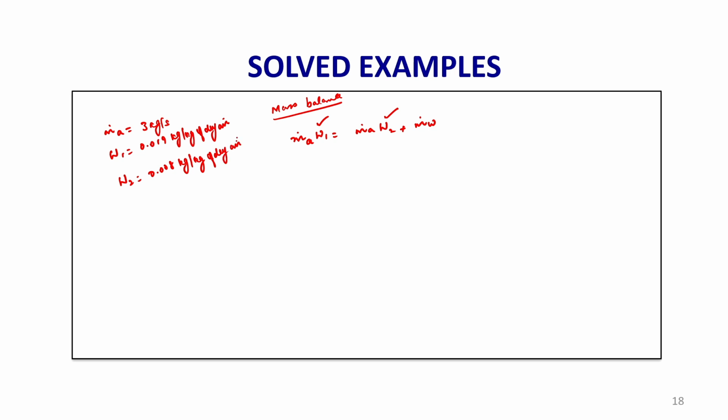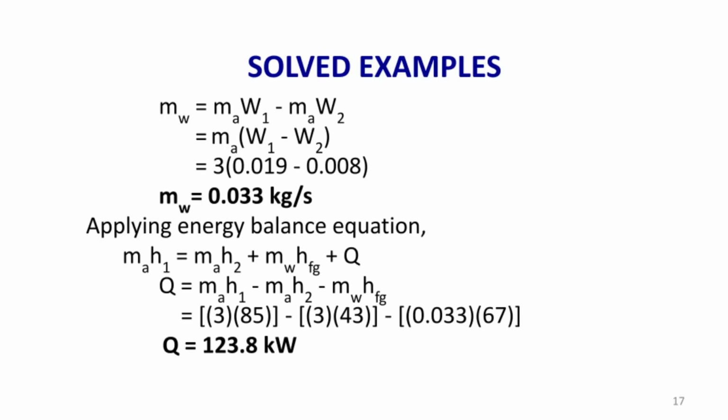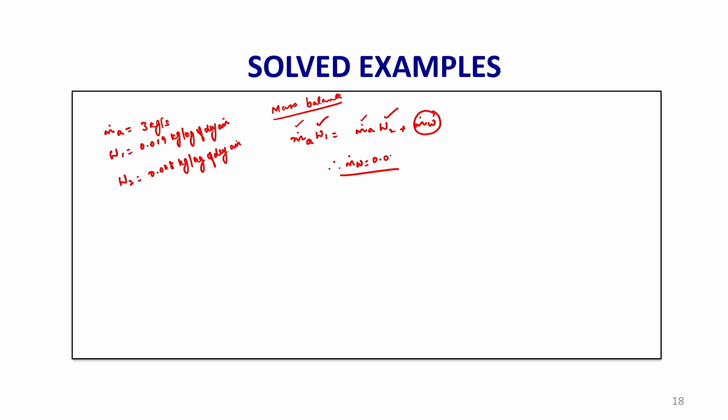Let me emphasize again, the numerator kg is the kg of moisture, the denominator kg is the amount of dry air. So, substitute and find out the value as 0.033 kilograms per second.